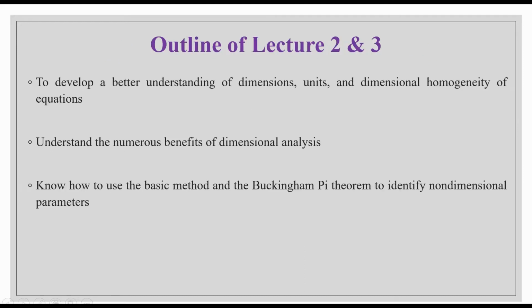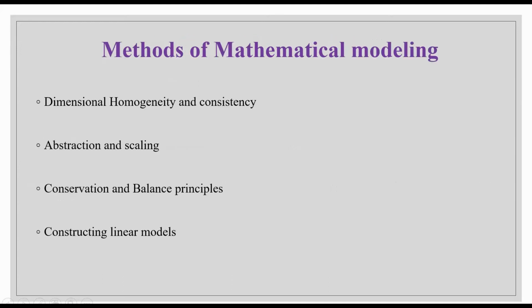Now I will discuss the outline of lectures 2 and 3, because 2 and 3 are mainly concentrated on this first point, that is the dimensional homogeneity and consistency. These are related, but I'll discuss all the other things in the other lectures. The main aim of the second and the third lecture is to check dimensional homogeneity and consistency.